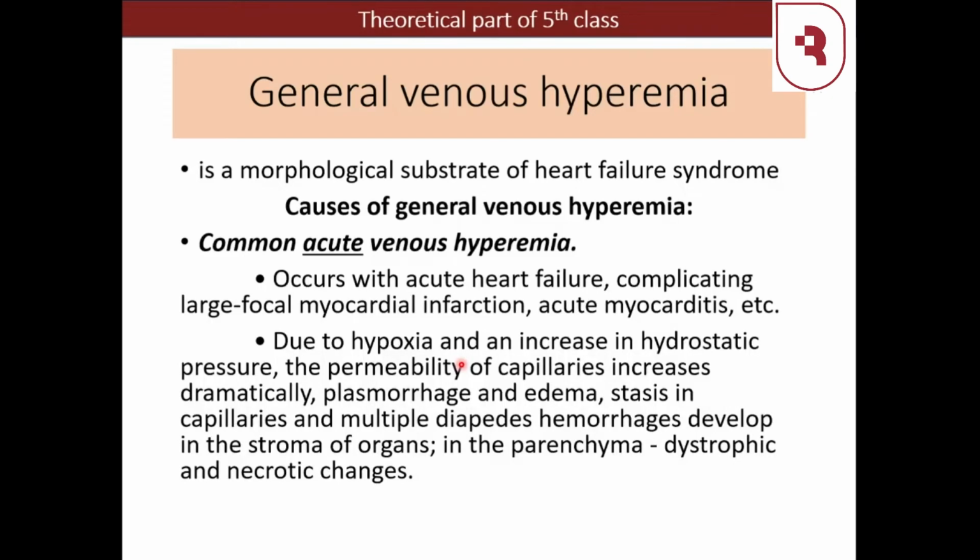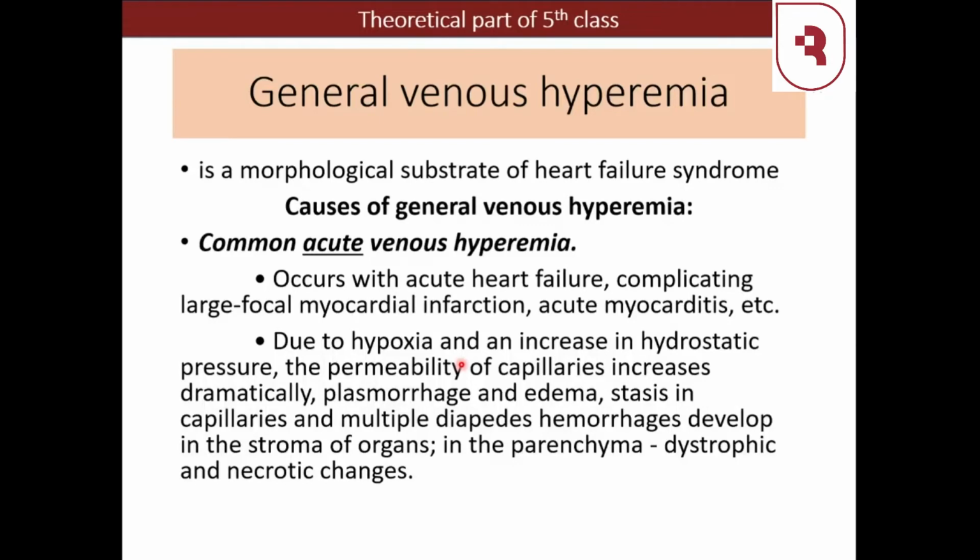We also see stasis and hyperemia of the arterioles and venous capillaries, and multiple diapedesis of erythrocytes in the stroma of organs. In the parenchyma, we will see dystrophic and necrotic changes.